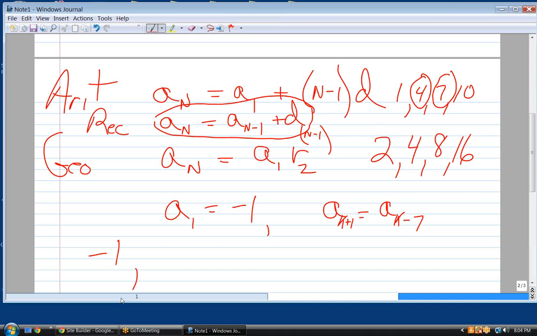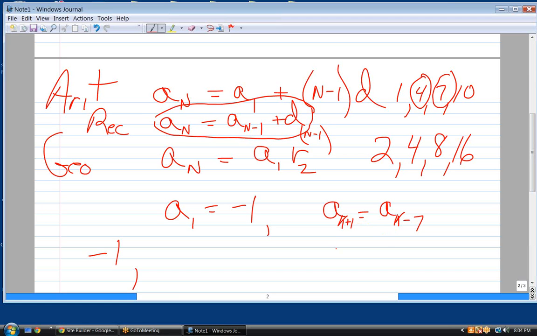Oh, it says use the pattern to write the nth term of the sequence as a function of n. Does that help? No. In other words, a sub 1 equals minus 1. So a sub k plus 1, how can that equal a sub k minus 7?